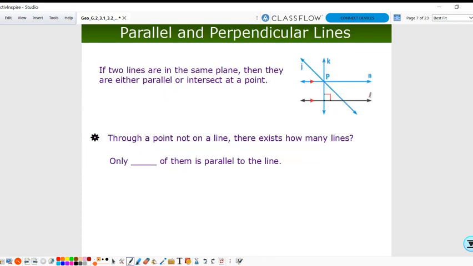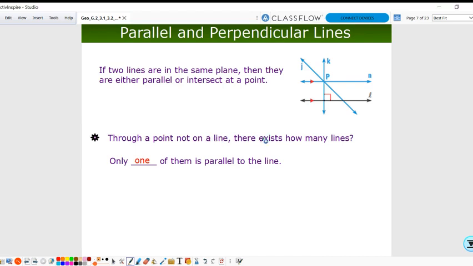If two lines are in the same plane, then they are either parallel or they intersect at a point. Through a point that's not on a line, there exists exactly one line that will be parallel to the line.